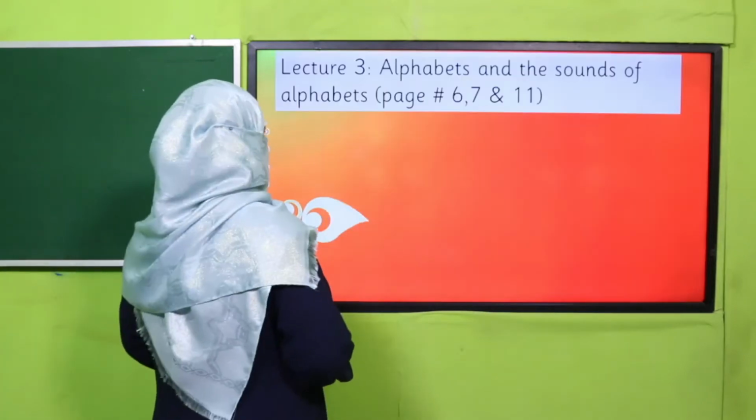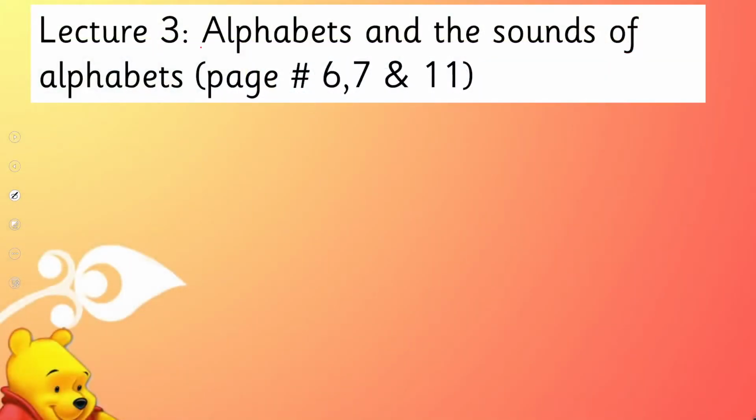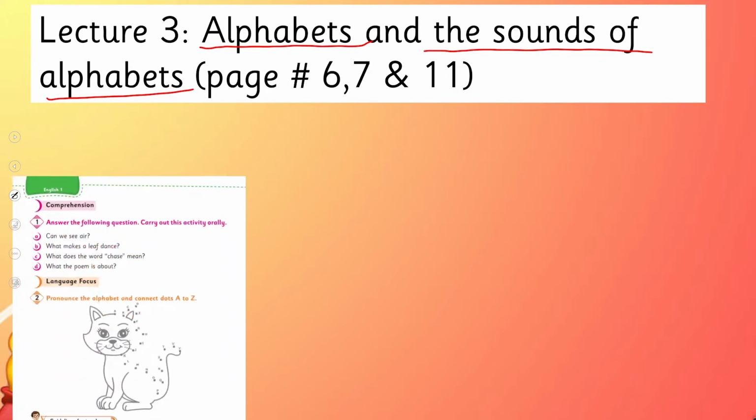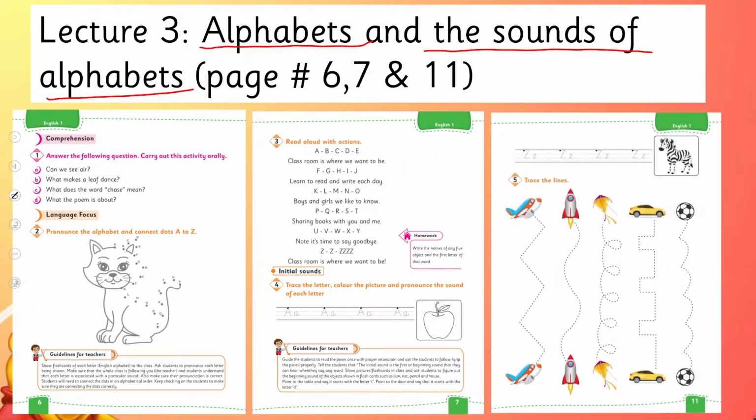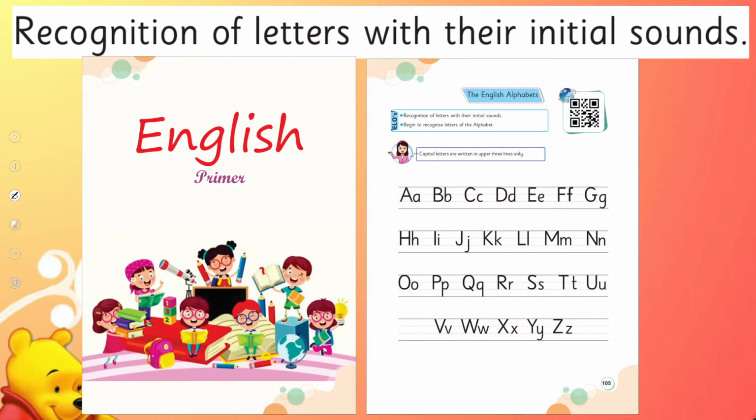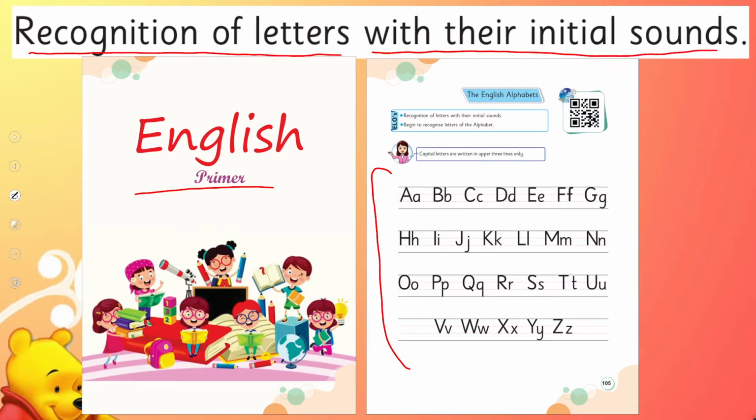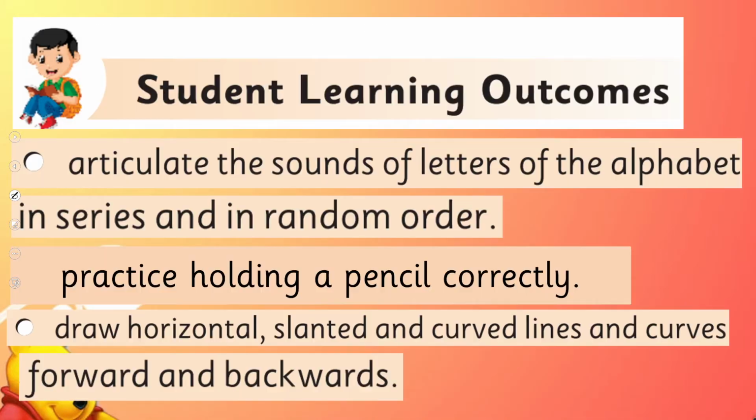Yes, my dear children, today we are going to learn about alphabets and the sounds of alphabets. We'll cover page number 6, 7 and 11 of your book. Before this, in your English primer, you have learnt about alphabets and recognition of letters with their initial sound. So today we are going to learn further.